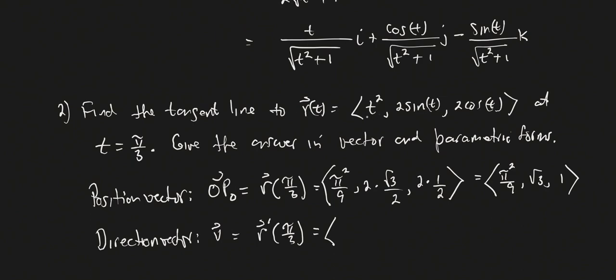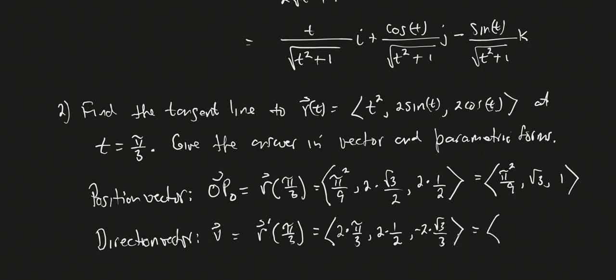When I differentiate t squared, I'll get 2t, and evaluating at pi over 3, I'll have 2 times pi over 3. When we differentiate sine, we get cosine, and the cosine of pi over 3 is 1/2. When I differentiate 2 cosine t, I'll get negative 2 sine of t, and the sine of pi over 3 is root 3 over 2.